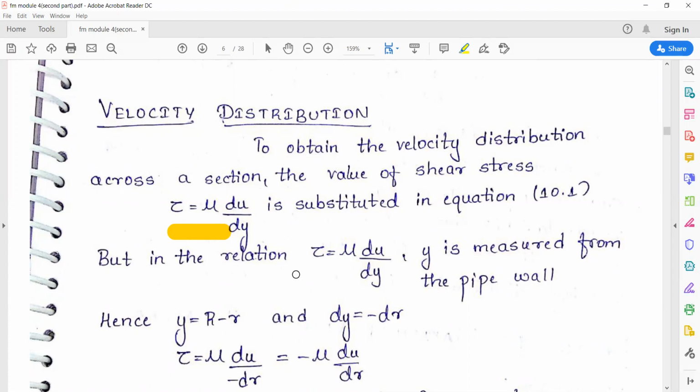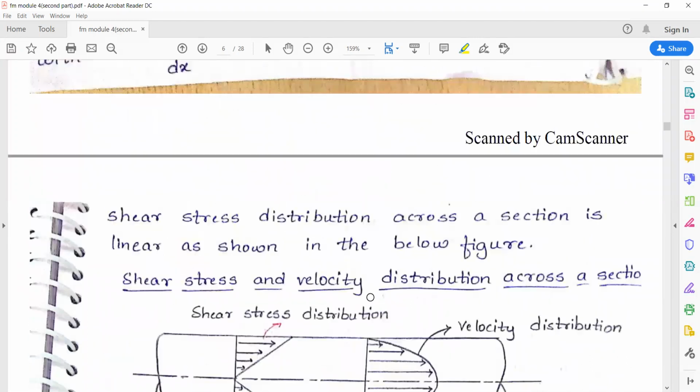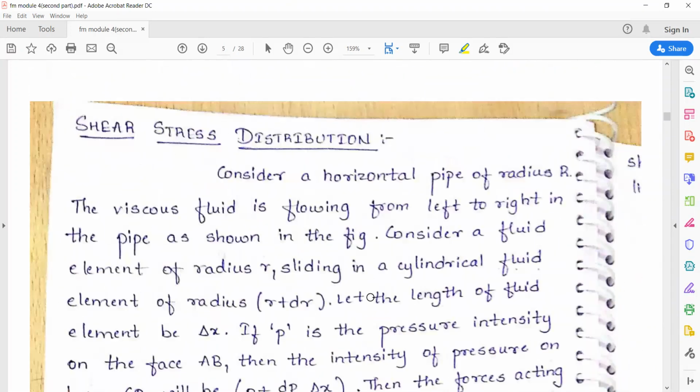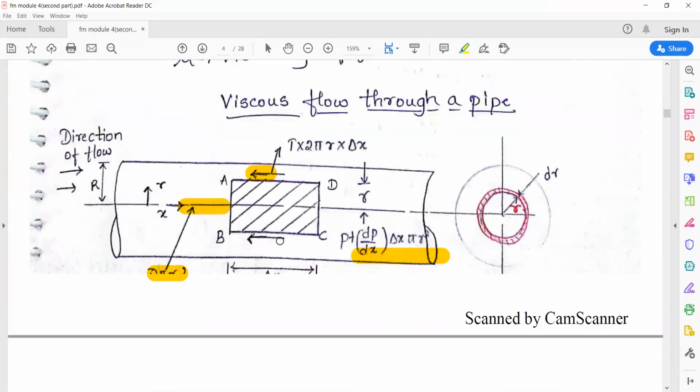In tau is equal to mu into du by dy, y is the distance measured from the pipe wall. You can see in the diagram that y is the distance between the fluid element and the surface.